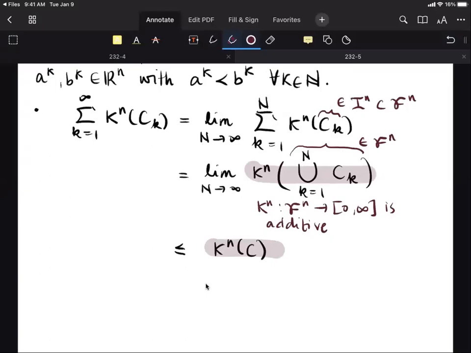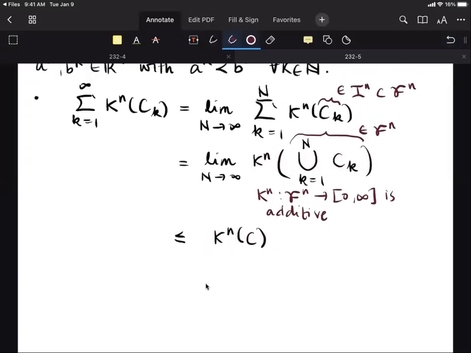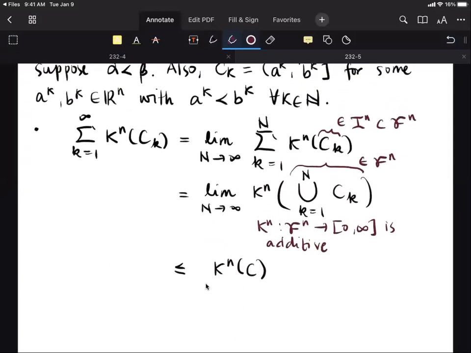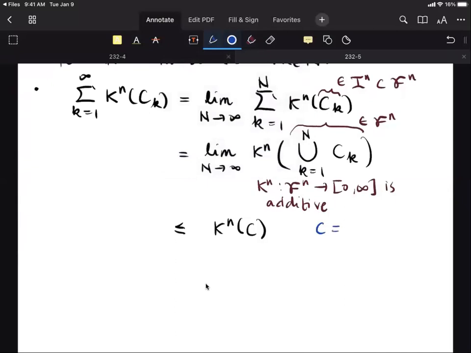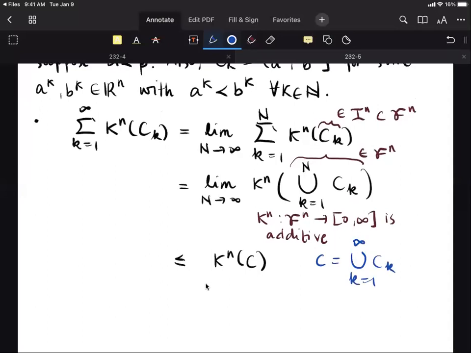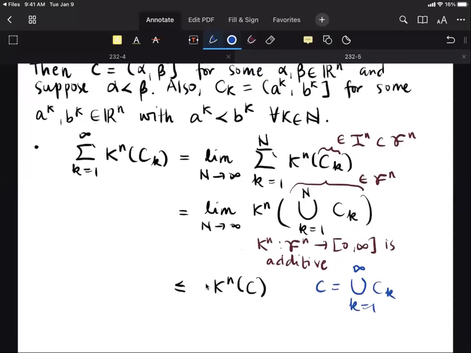Hence, the limit would be bounded by this kappa n of C. Take note that C is the union of the C sub k's. So that's one inequality in sigma additivity.